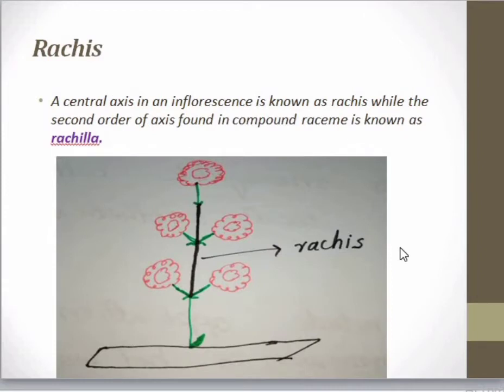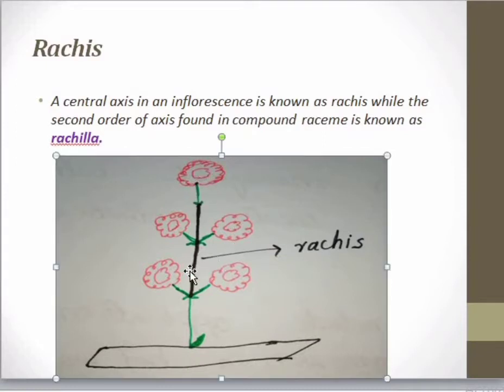The other term is rachis. A central axis in an inflorescence is known as the rachis, while the second order of axis found in a compound raceme is known as the rachilla. This is the stem, this is the floral axis, this is the peduncle, and these are the pedicels of the individual flowers.